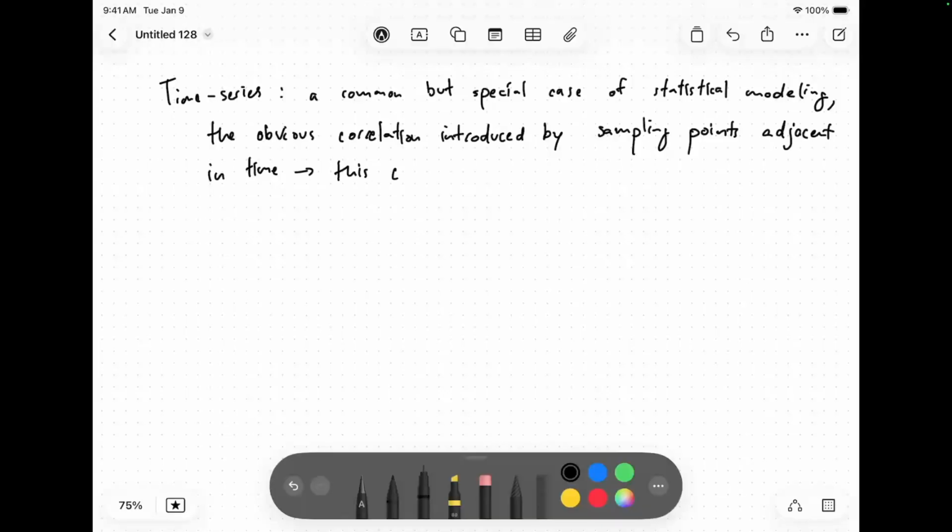This can restrict the applicability of many conventional statistical models.